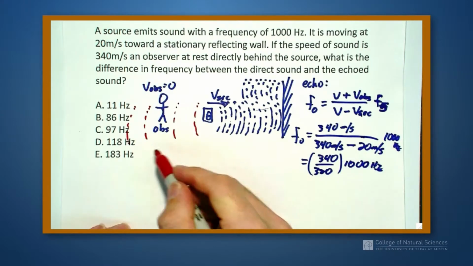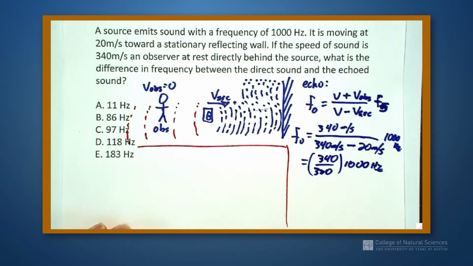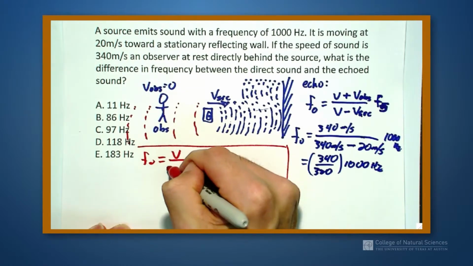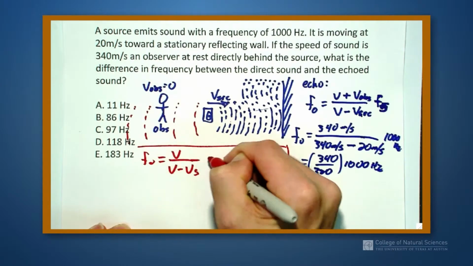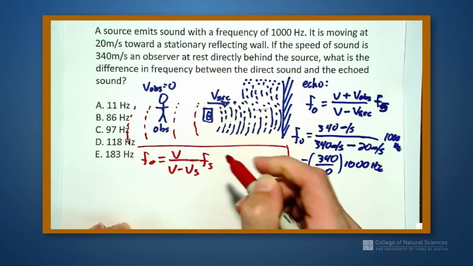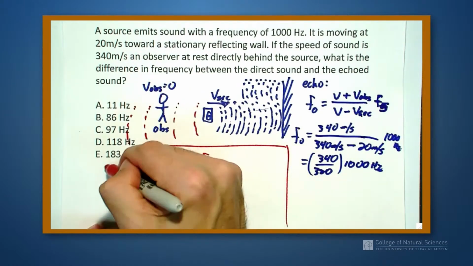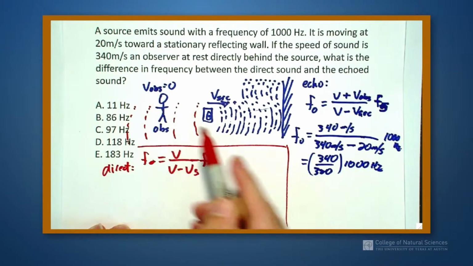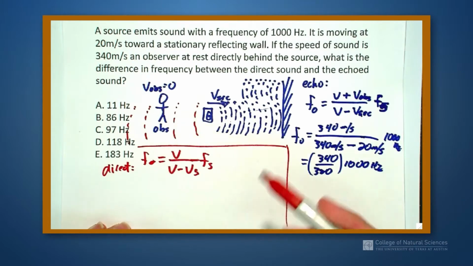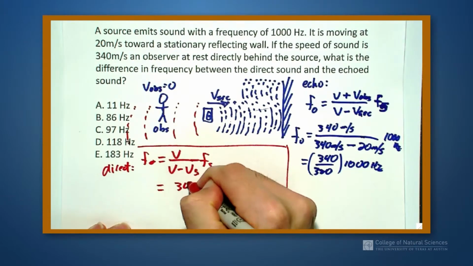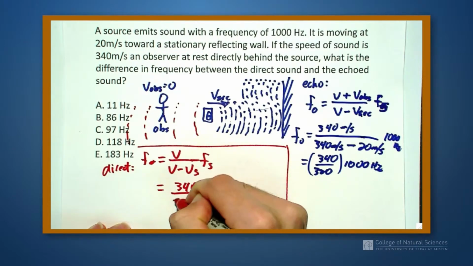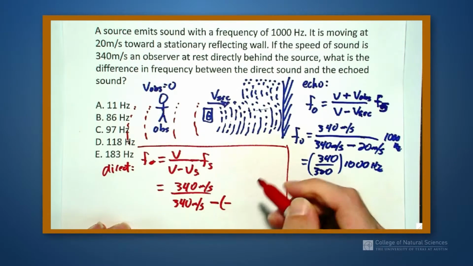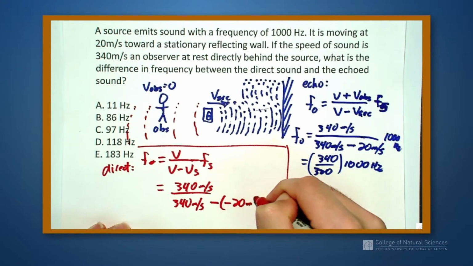Now if I do the same calculation again, my observer, v over v minus v source, times the frequency of the source, this is going to be for the direct sound. So this is going to be the red sound waves that travel away from the speaker. This is going to be 340 meters per second over 340 meters per second, plus 20 meters per second.